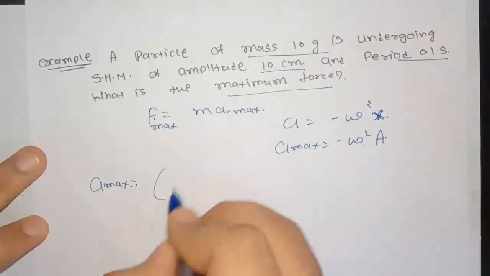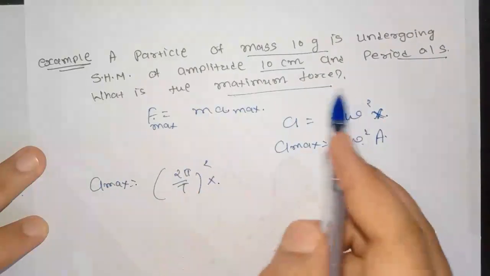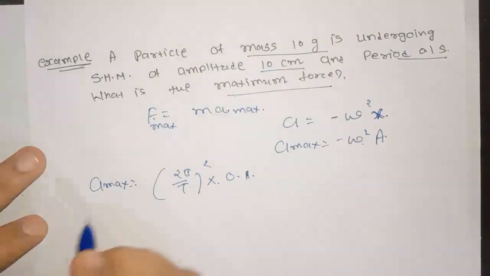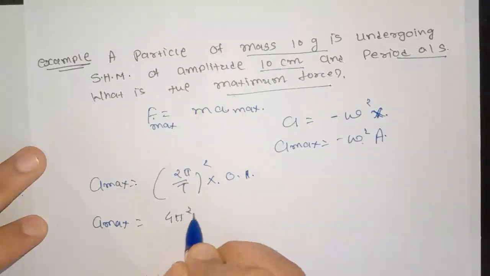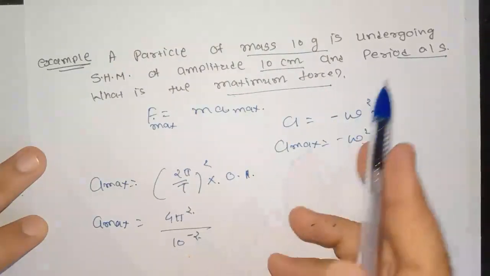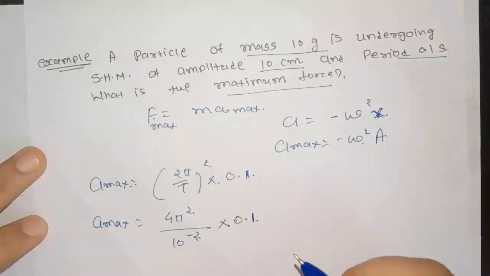So a max will be equal to omega, which can be written as 2 pi by T, whole square into amplitude, which is 0.1. So a max will be equal to 4 pi square divided by 10 power minus 2, as the time period is 0.1, into 0.1.